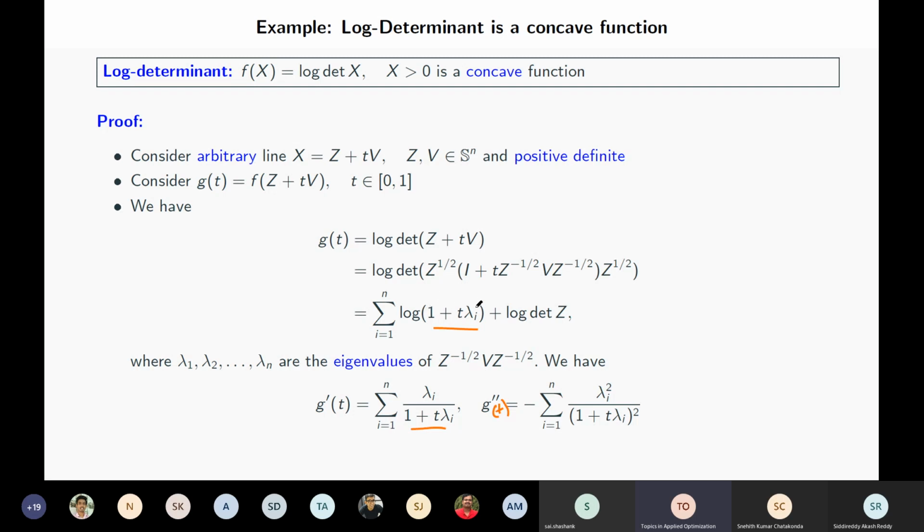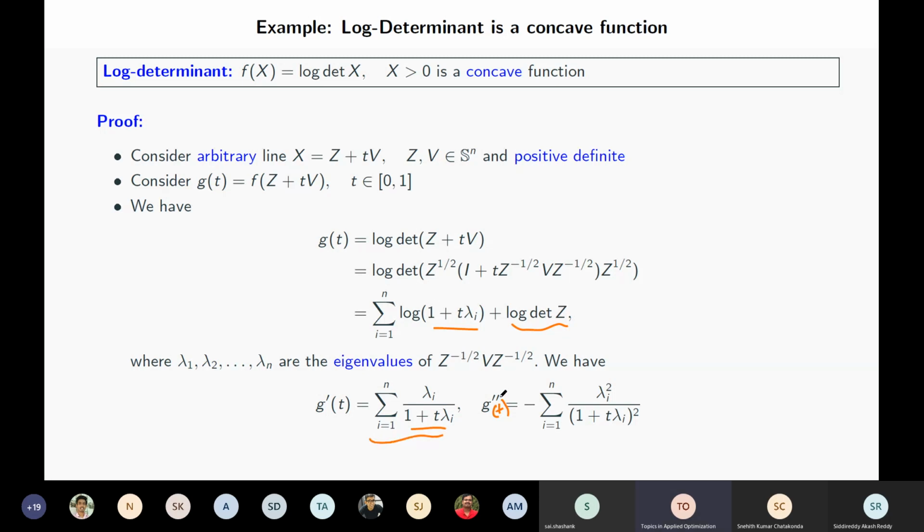So the derivative of this with respect to t will be just lambda I. So this is the derivative we know, and the summation will be there. And the derivative of this with respect to t will be 0 because there is no t dependence here. So this term goes away after taking the derivative. So at the end, this is what we get.